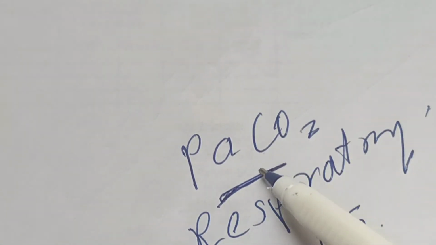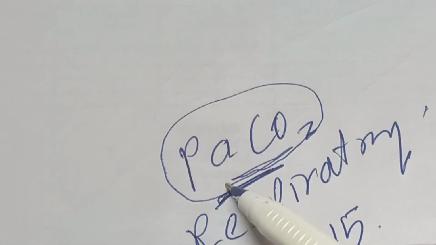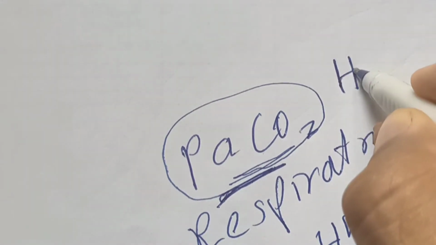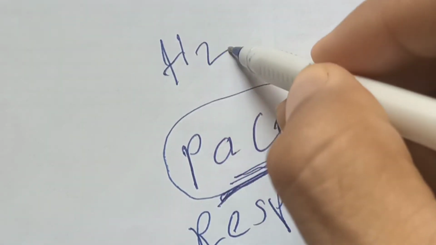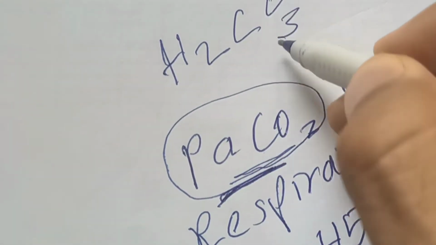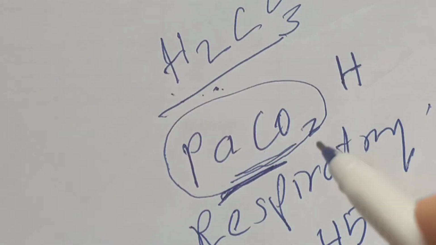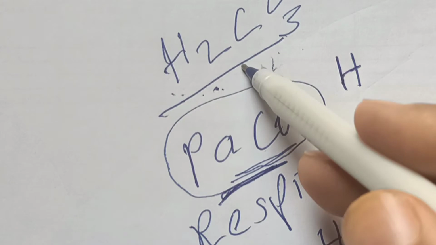If the patient has high PaCO2, the PaCO2 will combine with hydrogen in the blood, forming H2CO3. H2CO3 is carbonic acid.